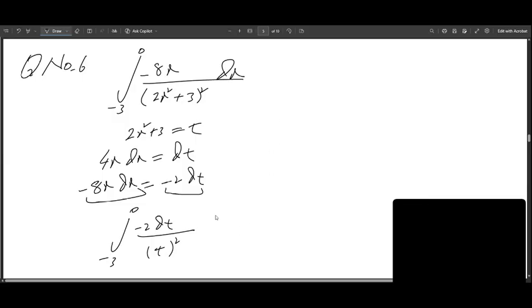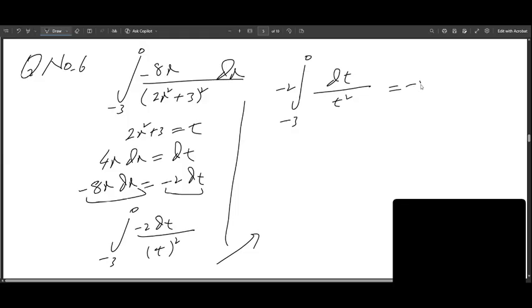And if we come here, it will be the integral from negative 3 to 0, and negative 2 can be taken out as a constant, and we have dt over t squared. If we apply the integral here, it will be negative 2 times t raised to the power negative 2 plus 1 over negative 2 plus 1. I have applied the power rule.